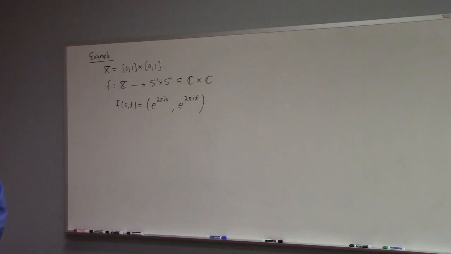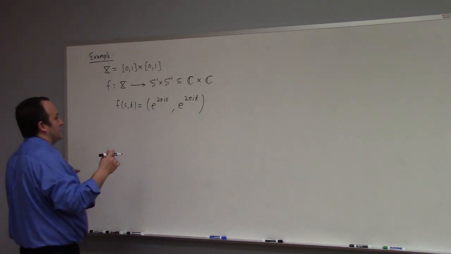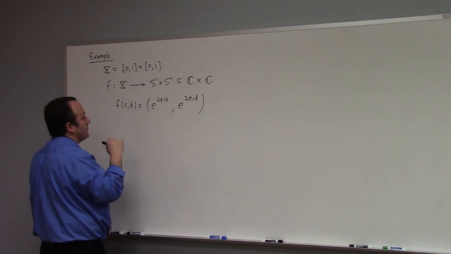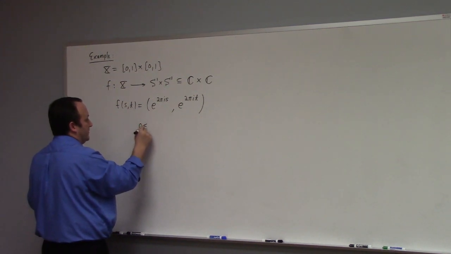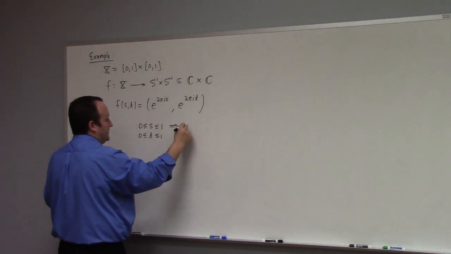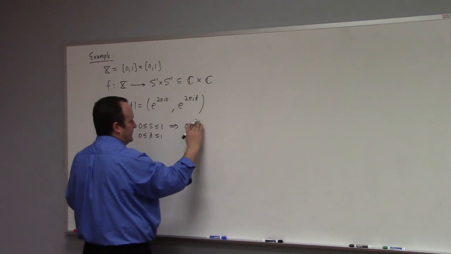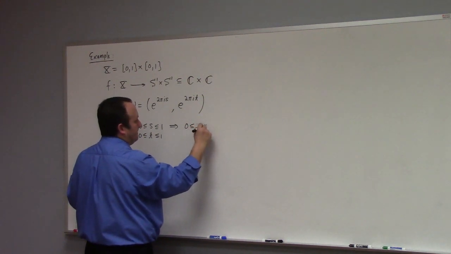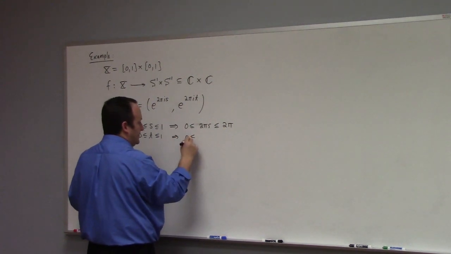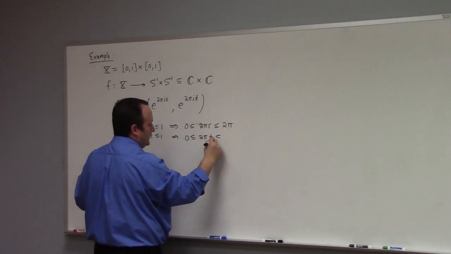All right, so let me try to talk about that. So if we put 0 less than or equal to s less than or equal to 1, 0 less than or equal to t less than or equal to 1, right? That implies 0 less than or equal to 2 pi s less than or equal to 2 pi, and 0 less than or equal to 2 pi t less than or equal to 2 pi, right?